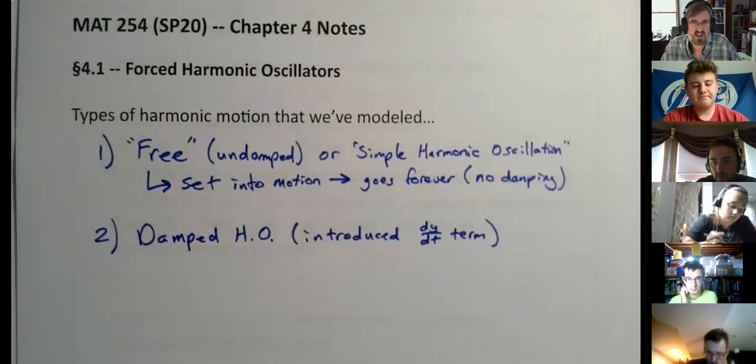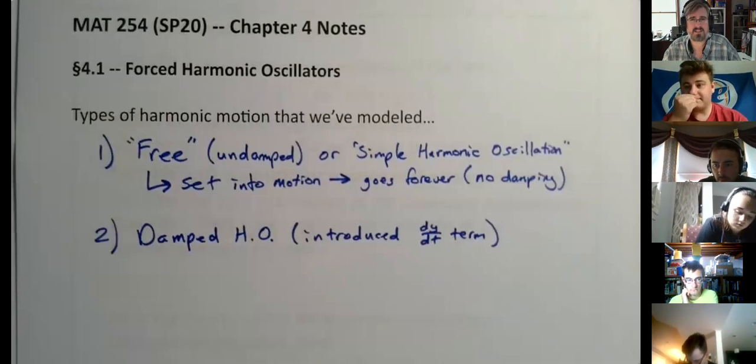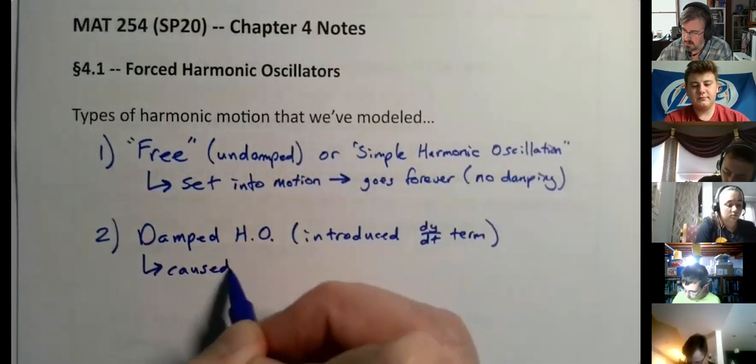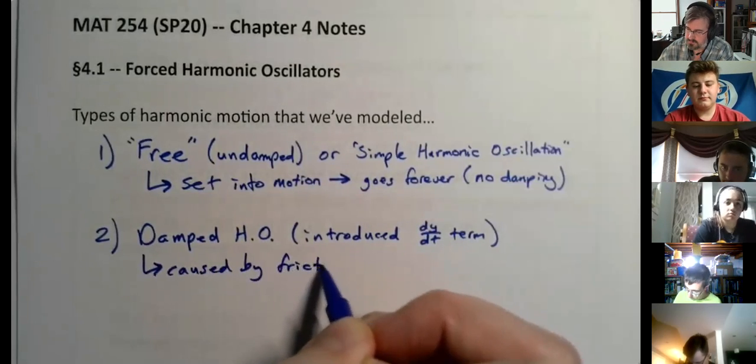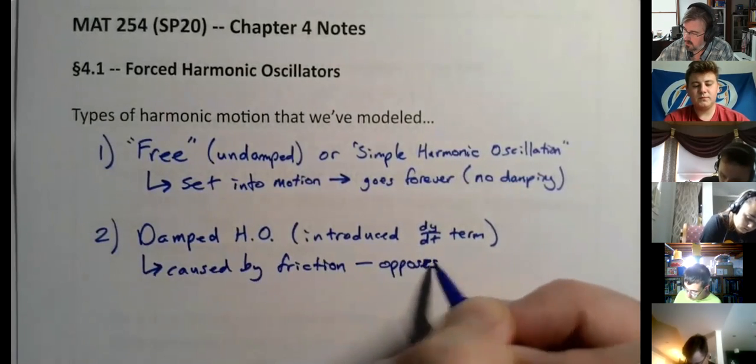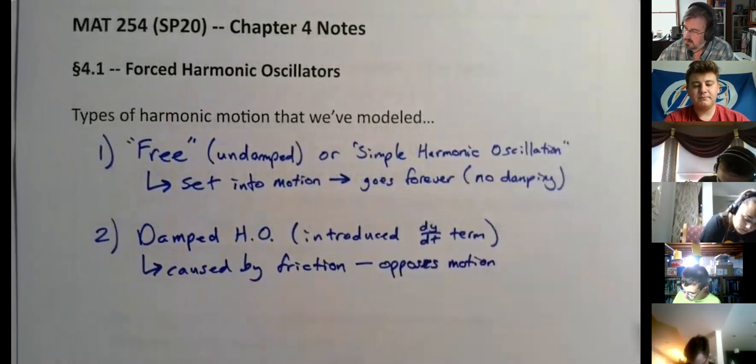And our stereotypical example for this is always the shock absorber, right? The stiffer the spring, the more gooey liquid is in the dash pot, the more this thing is going to resist motion. And so when you go over a bump, it is going to resist motion more, right? So this is caused by friction, and it opposes motion.